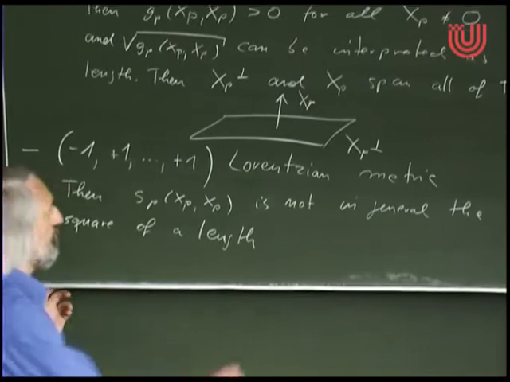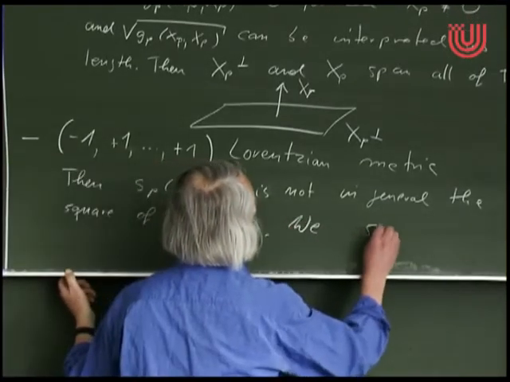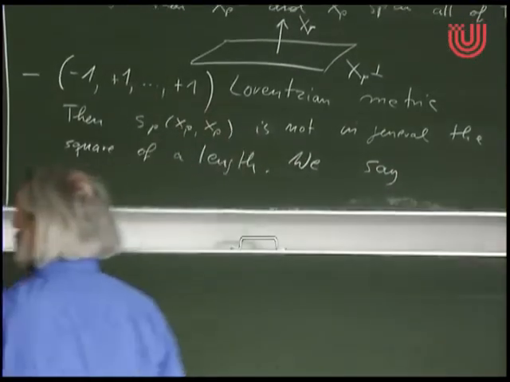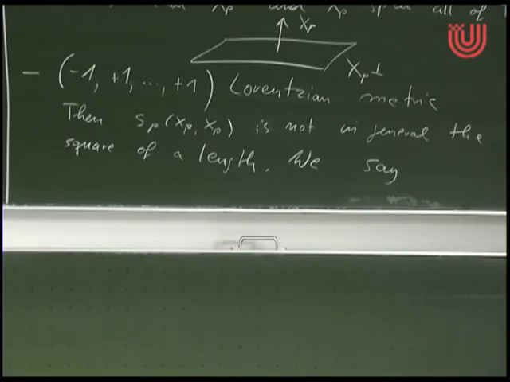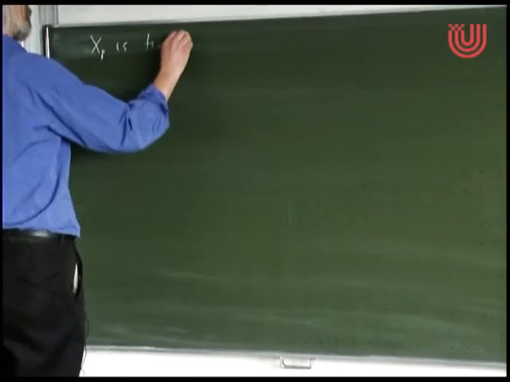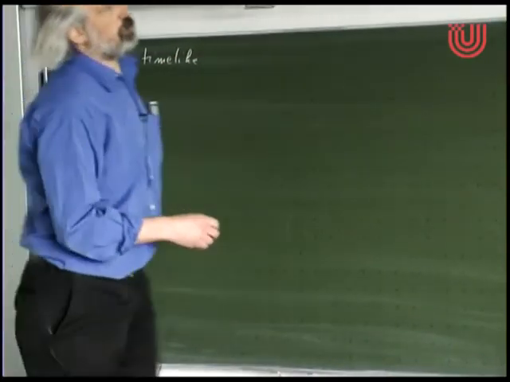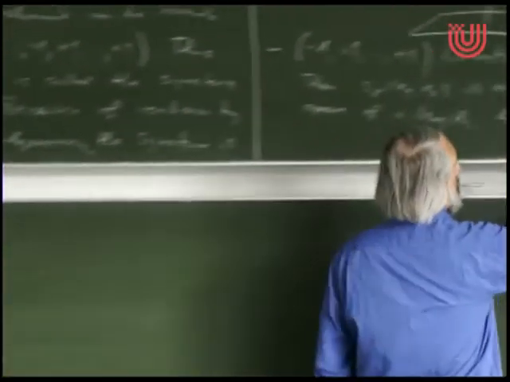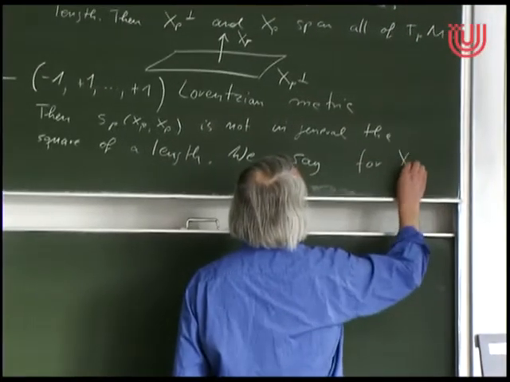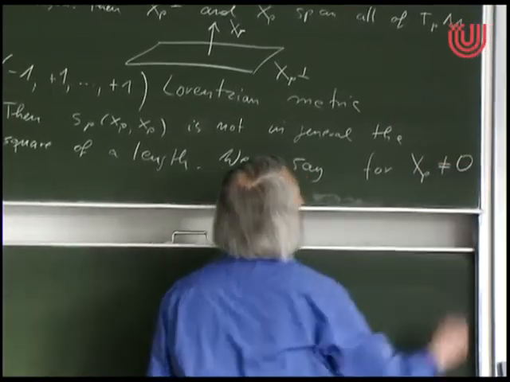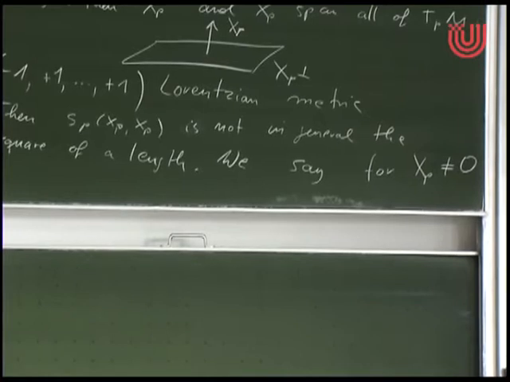So we say the vector xp is time-like. I should say, let's exclude the 0 vector because there's some controversy. What about the 0 vector?